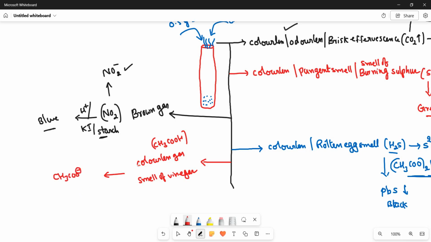This gas contains acetic acid. When these vapors are passed through blue litmus, they turn the blue litmus red.